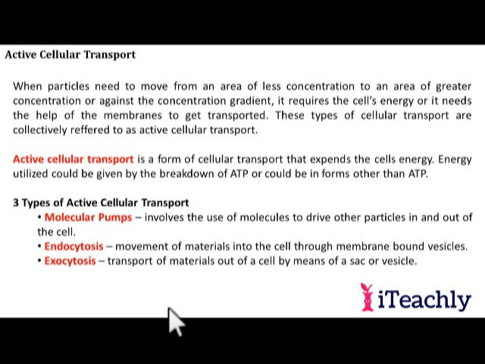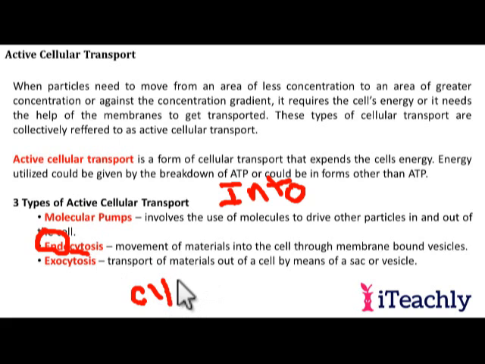The second type of active cellular transport is endocytosis. So please write that word endocytosis and circle the endo, E-N-D-O. That means into. And then cyte, C-Y-T-E, is cell.